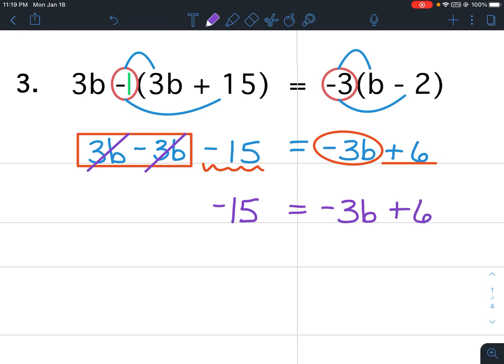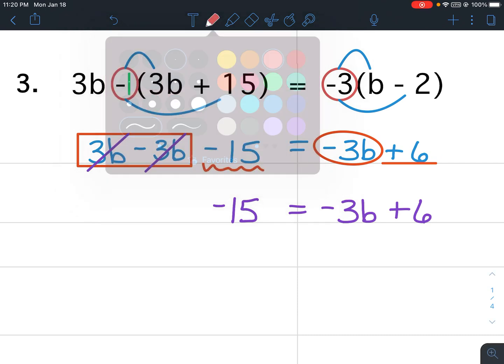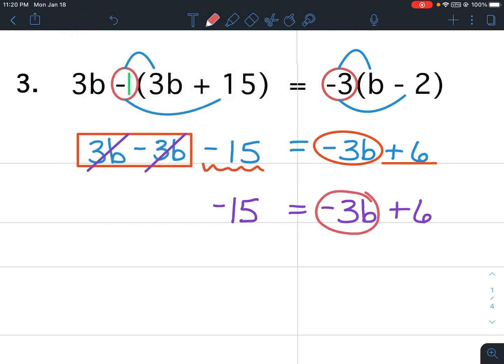Now, this is the step where we would get our variable terms to one side and our constant terms to the other side. But if you'll notice, there is only one variable term, and it is on the right side. So if there's only one variable term and it is on the right, that means we're going to take our constant term to the left.